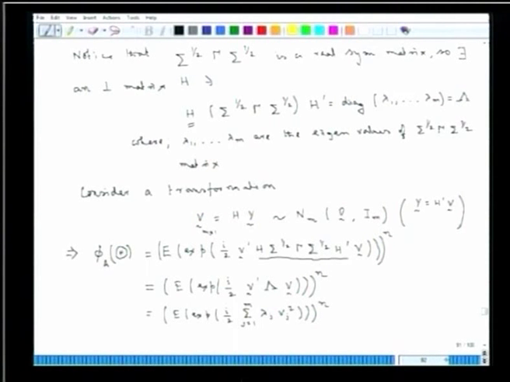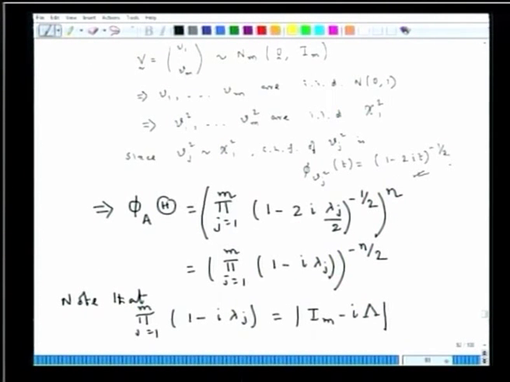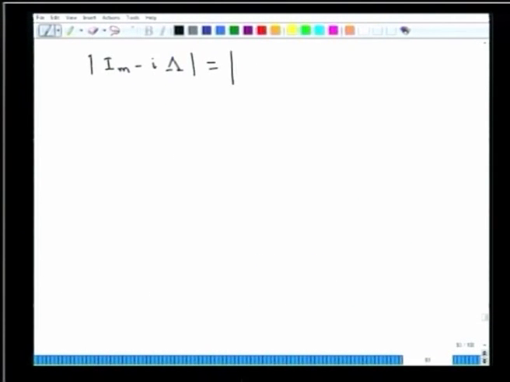So we can simply take that and write it here: this is equal to Im minus I times H sigma to the power half, then this gamma matrix, sigma to the power half into H transpose.